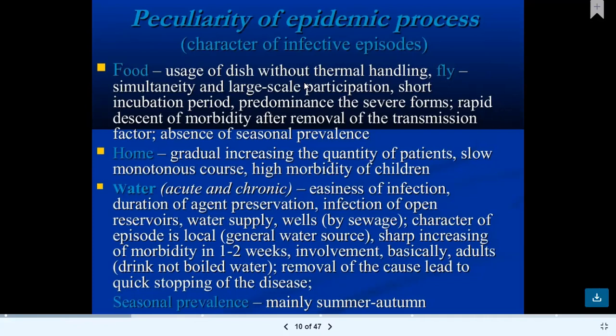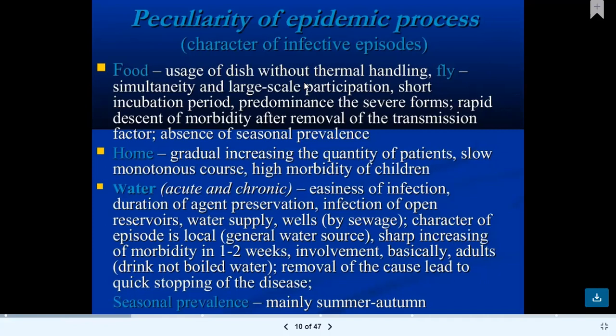Water: gradual increase in the number of patients, slow monotonous course, high morbidity of children, acute and chronic, easy infection, duration of agent preservation, infection of open reservoirs, water supply.